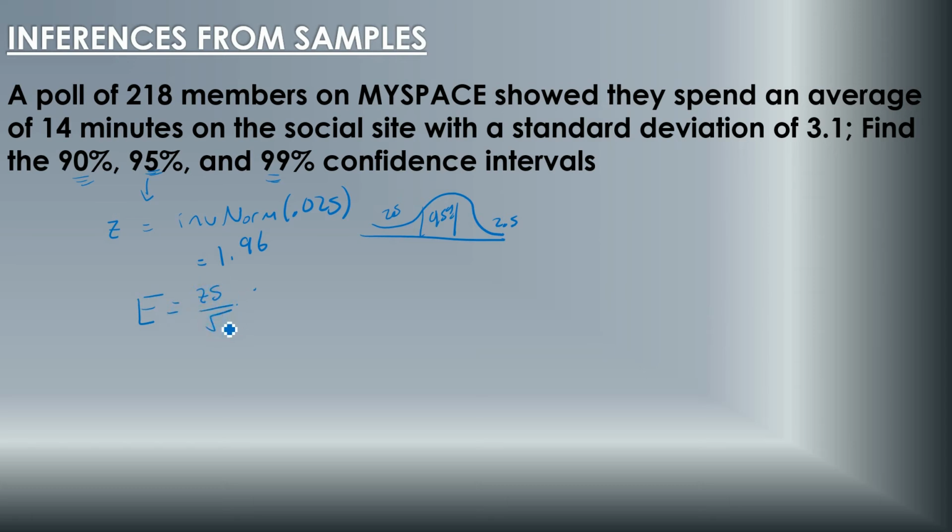ZS over root n. So we still have our 218, and our z-score is 1.96, and our standard deviation of 3.1. And we'll just type that all into our calculator, and that will give us our error.